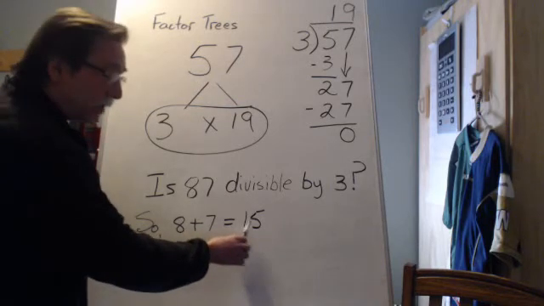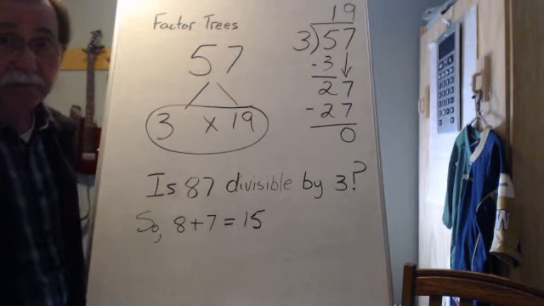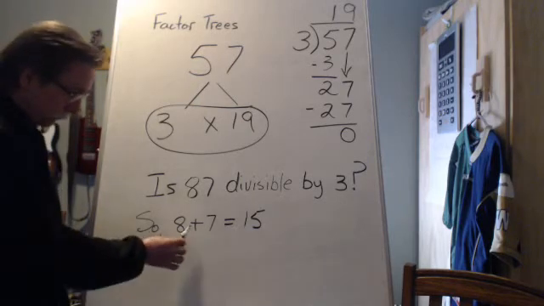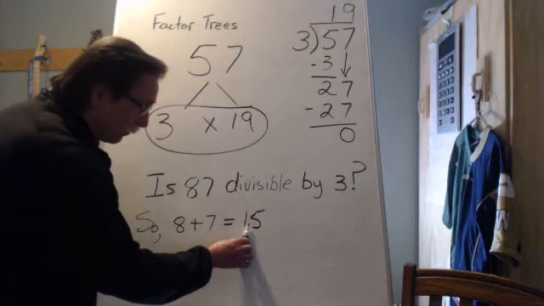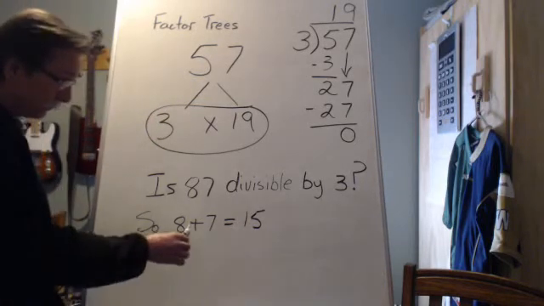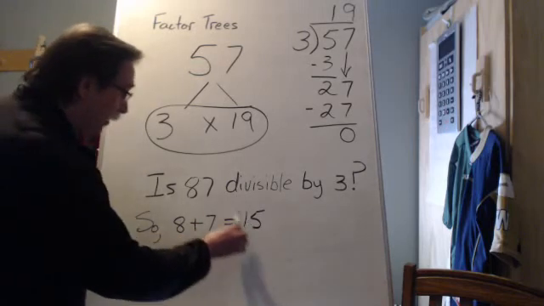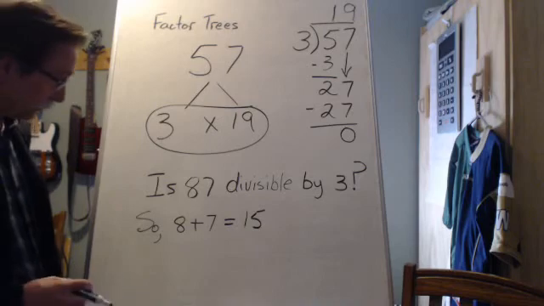And since 15 we know is divisible by 3 because we can count by 3s and get to 15, and it is even evident on the most basic times table sheet, then the original number must have been divisible by 3.